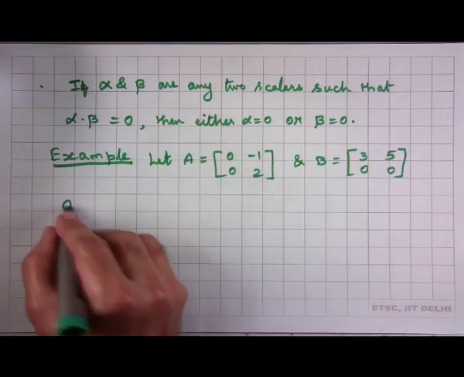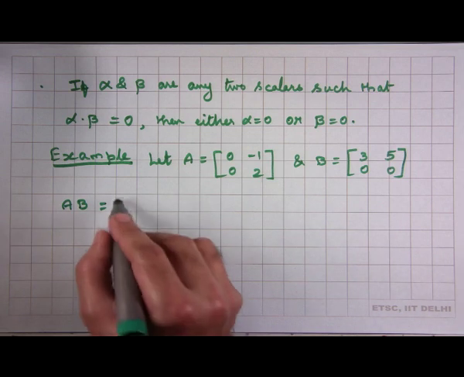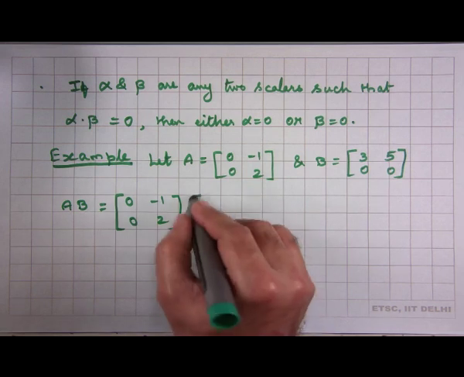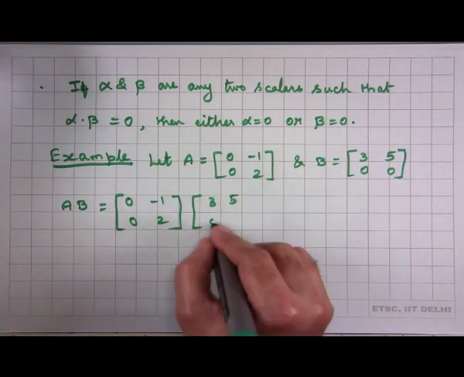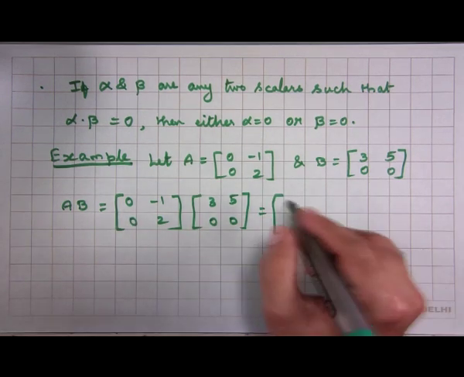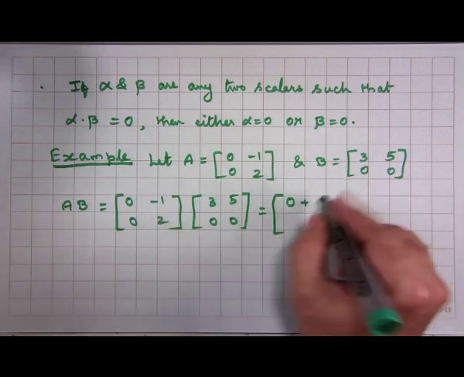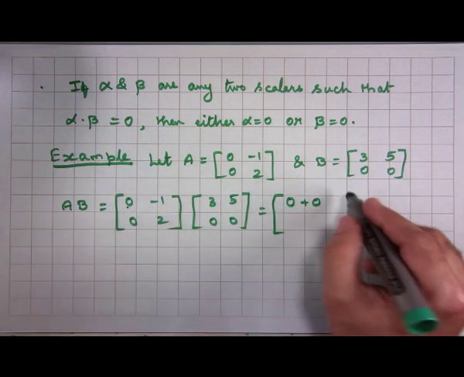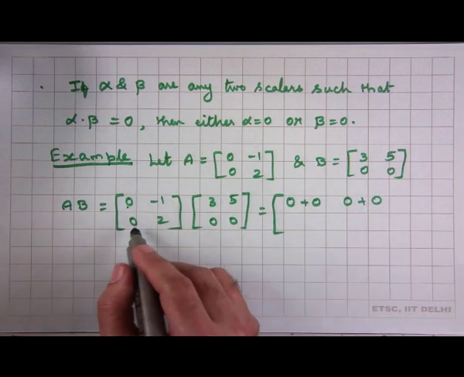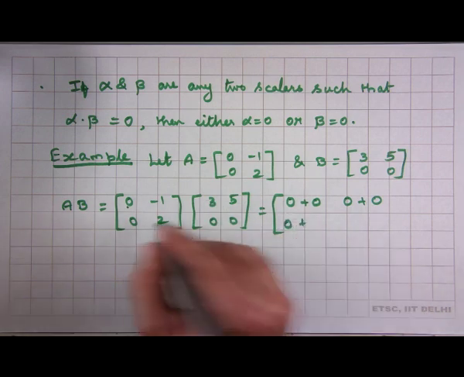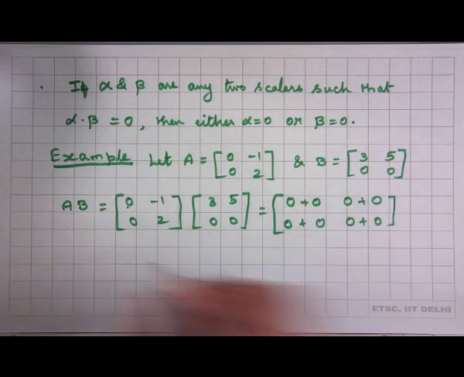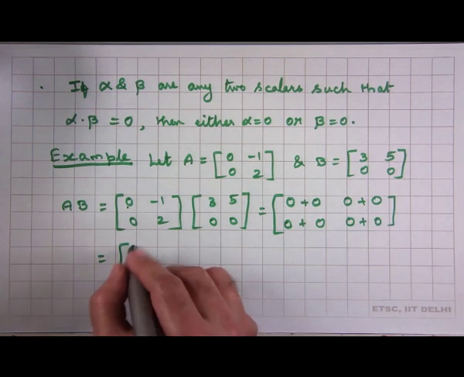Now, let us try to compute AB: 0, -1, 0, 2 with the matrix 3, 5, 0, 0, is going to be 0 into 3 which is 0 plus -1 into 0, you will have 0, 0 into 5 you have 0, -1 into 0, so it is again 0, 0 into 3 it is 0 plus 2 into 0 which is again 0, 0 into 5 it is 0 plus 2 into 0 we will have 0. So, the resulting matrix is just the 0 matrix.